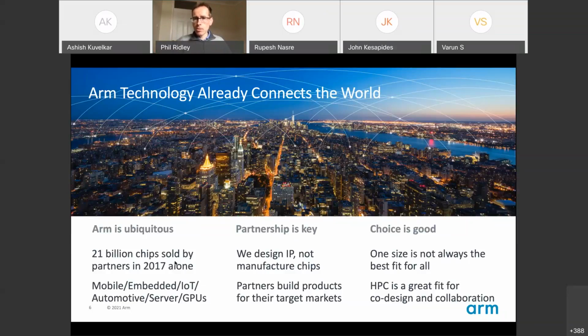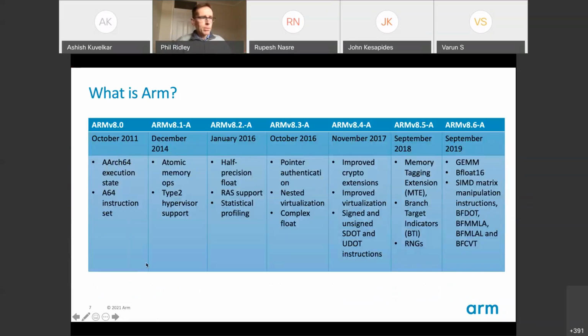So we work with the end partners with our instruction set, and then they can come up with an improved design, perhaps, for the end product, because they know the users very well.